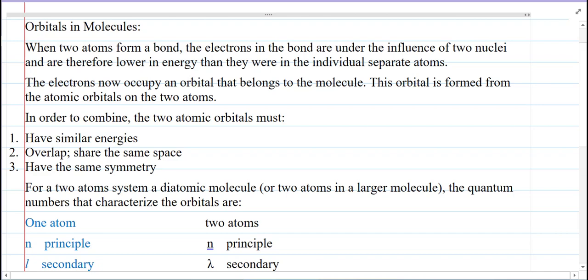It doesn't end. So we need to understand how these electrons behave so that we can predict behavior and predict how to do things.